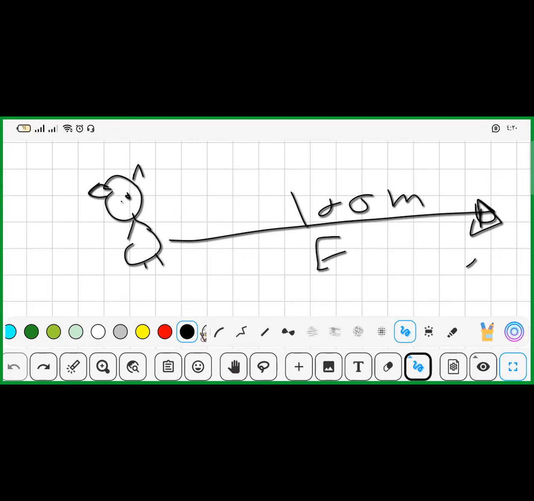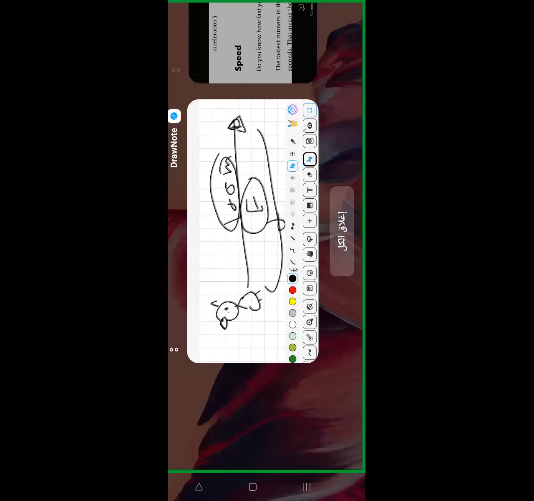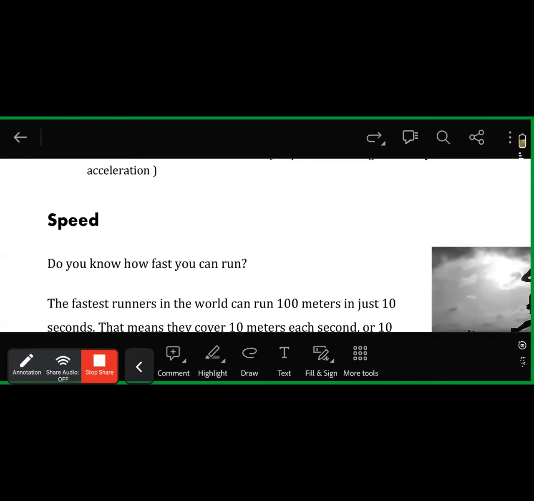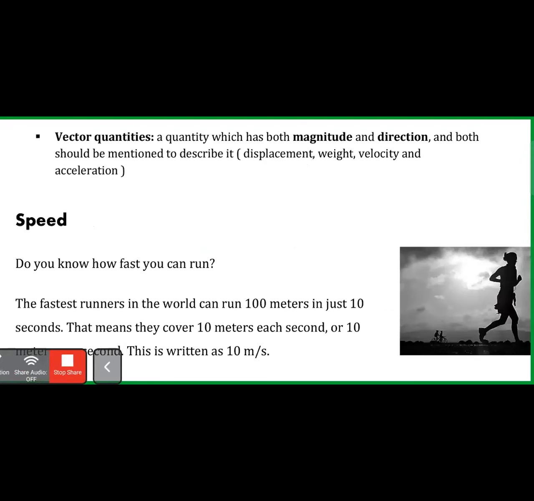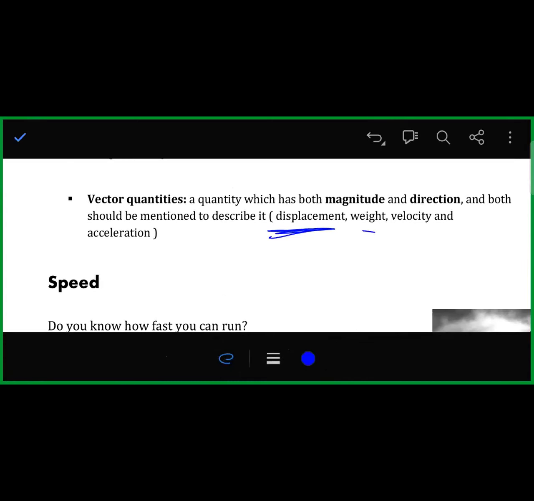It is displacement. It is a vector quantity, magnitude and direction. So displacement is a vector quantity.